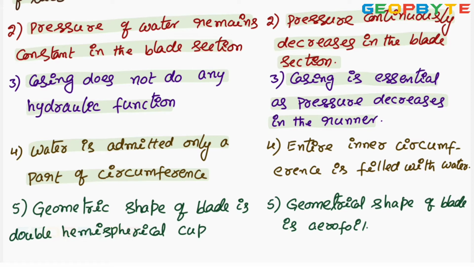But in the case of a reaction turbine, the entire inner circumference is filled with water, whereas in an impulse turbine, only where the nozzles are arranged is water available for the turbine blades. That means the water enters partly, at particular locations.